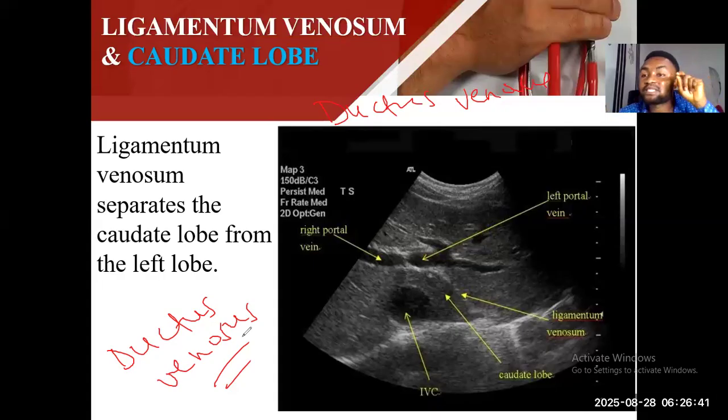And that shunt is called ductus venosus. It's like another tubular structure that shunts the blood flow, preventing it from going to the liver. Because once it goes to the liver it may be damaged. The liver is not mature, so it may be damaged. That blood shouldn't go in there.